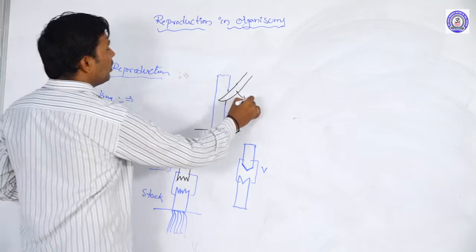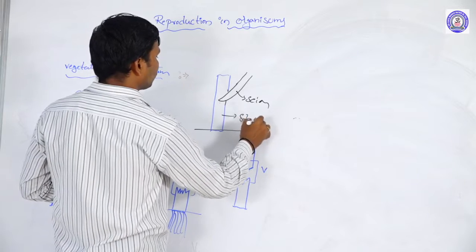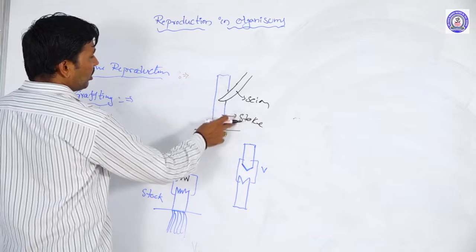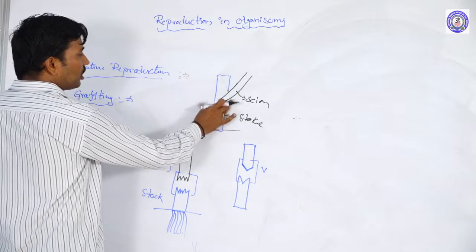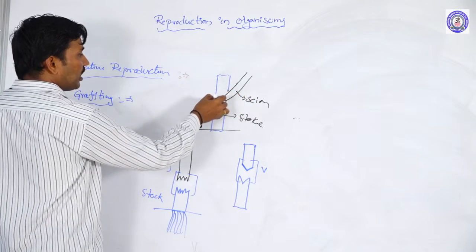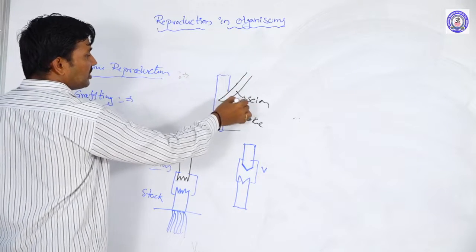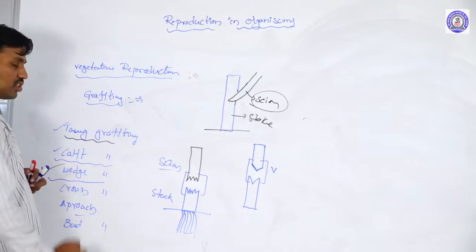This is the scion and this is the stock. A broad stock with a smaller diameter scion is formed into a wedge. A cleft is formed on the side, and we insert the scion portion into it. This is called wedge grafting.